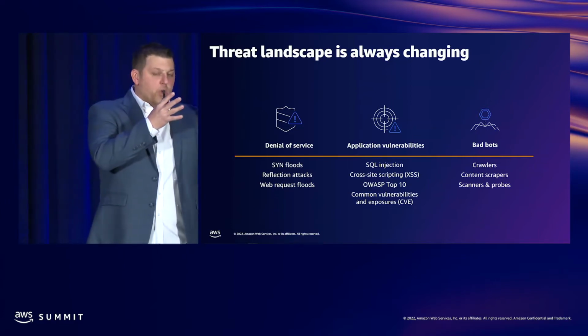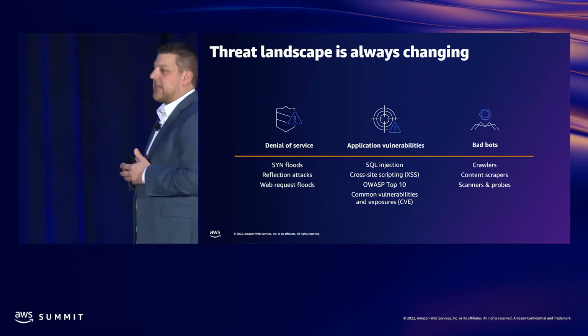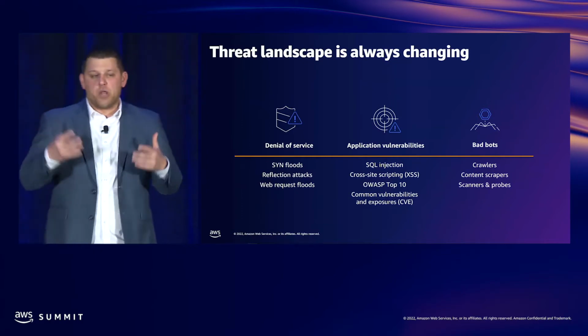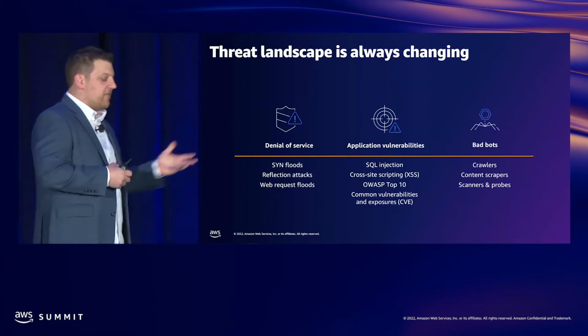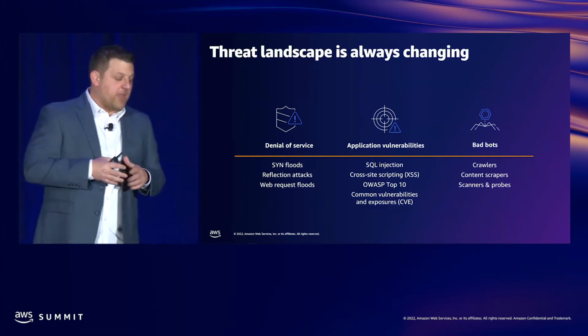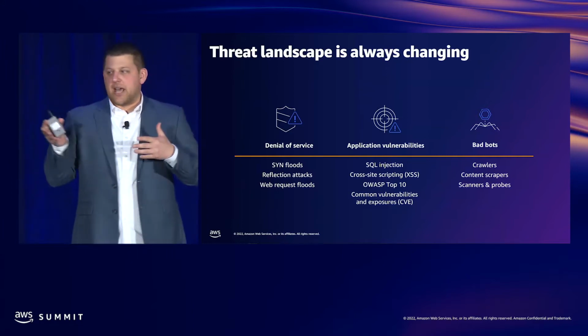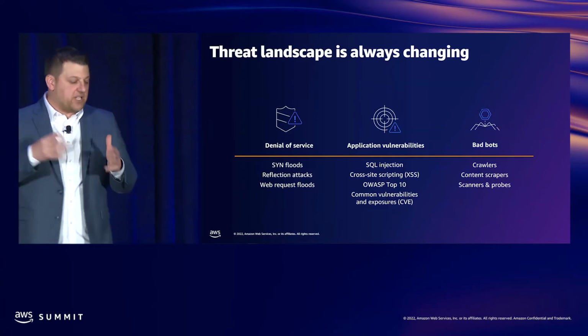So we really look at 3 areas. We have our volumetric DDoS style attacks, which is what we have our Shield Advanced for, which is layer 3 and 4. And these, SYN floods, reflection attacks are the attacks in that space. We also have issues at the application layer. So we have our AWS WAF that helps in that area.